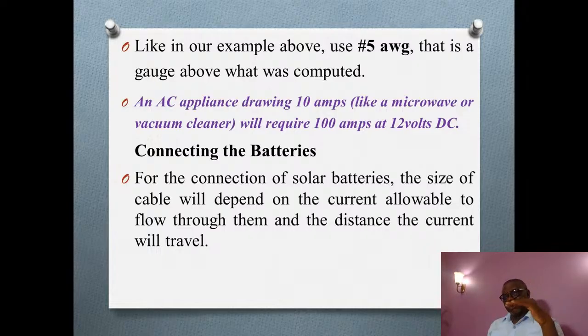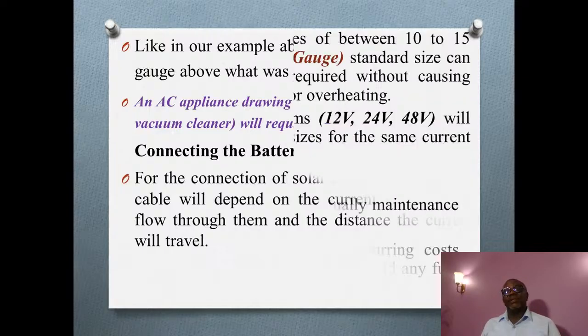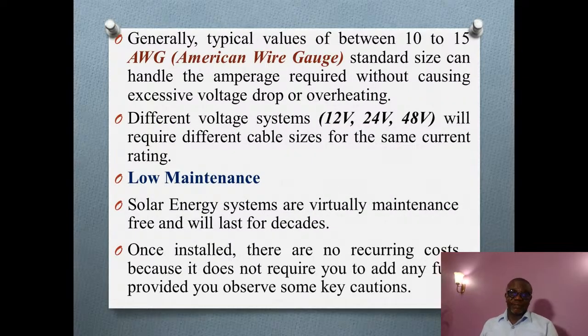So you must guard against it by using a wire gauge that is bigger than the one computed. So we say that connecting to the solar batteries, the size of the cable will depend on the current allowable to flow through them and the distance the current will flow. We've said that you don't allow that to be more than 6 feet.